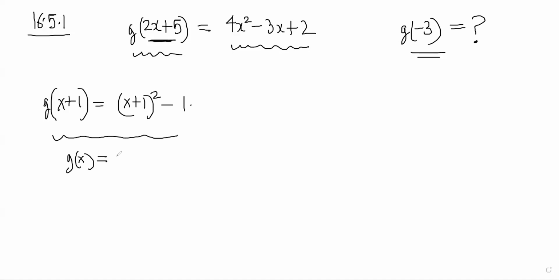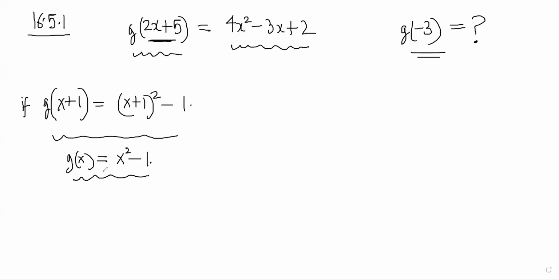If g of x plus 1 is equal to (x plus 1) whole squared minus 1, what is g of x? g of x is x squared minus 1. Exactly.